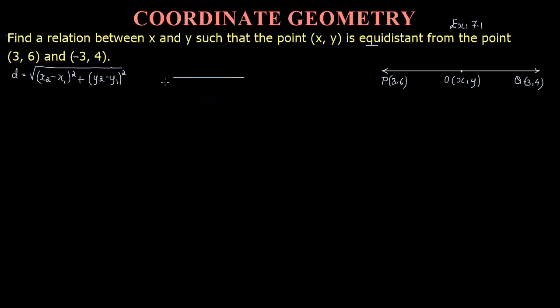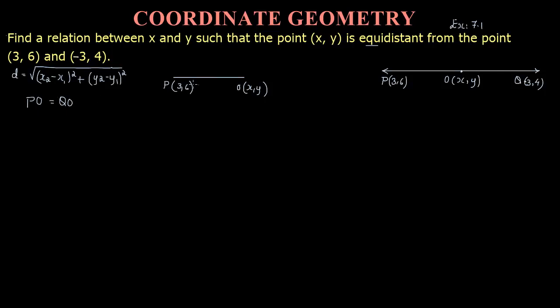This is P. What is the coordinate of P? 3, 6. What is the coordinate of O? It has the coordinate x, y. Now let us find the distance between these two. As the distances are equal, so directly let us equate that. Distance PO is equals to distance QO, right?